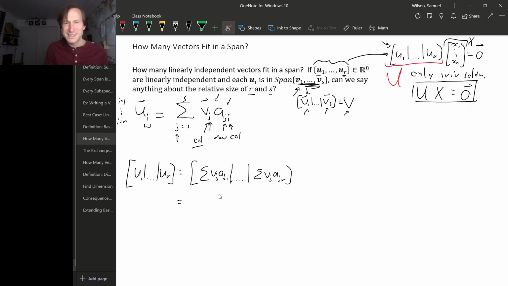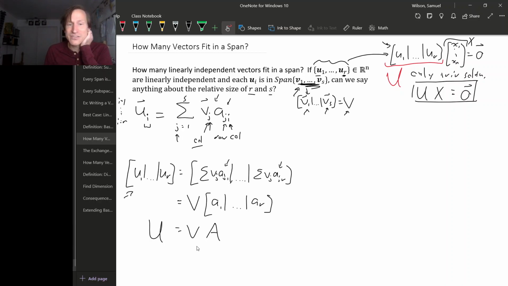But this is exactly the matrix V times all these columns of a's, the first column of all the a's down to the rth column of all the a's, which we can just call this matrix A. So what we've done is expressed our matrix U as V times A, where V is this matrix, and A is just some matrix of coefficients.